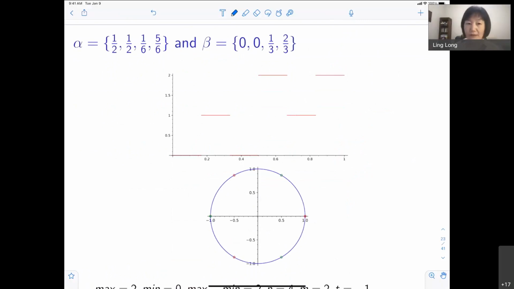If I have alpha to be 1/2, 1/2, 1/6, 5/6, beta to be 0, 0, 1/3, 2/3. In this picture, if you look at the plot on the roots of unity, you start from 1, 2 steps here, and then you go to e to the 2 pi i times 1/6. So this is from alpha.